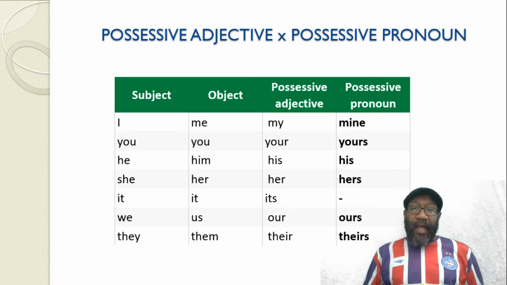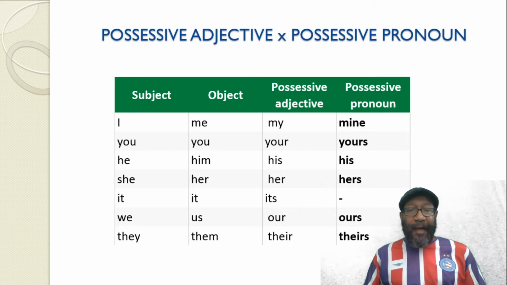And here we have the possessive adjectives: my, your, his, her, its, our, and their. We can make a connection between possessive adjectives and subject pronouns because possessive adjectives appear before the noun. This is why it's an adjective, because it qualifies the noun.